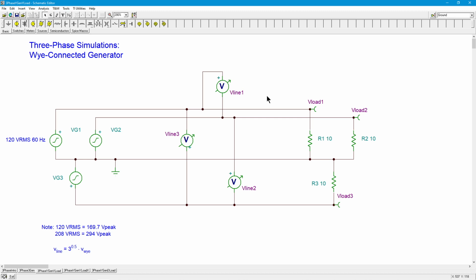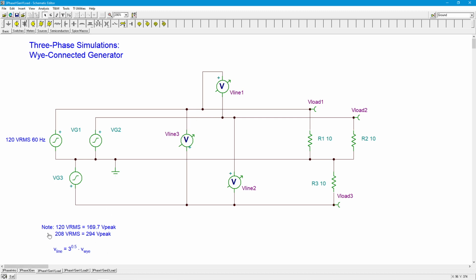So what we should see, if you went through the videos explaining how this all works, how a line voltage works, is that the fudge factor, so to speak, is the square root of 3, about 1.732. So our 120 volt RMS turns into approximately 208 volts RMS for a line voltage.